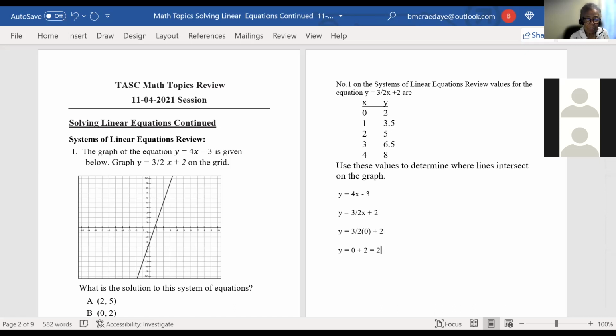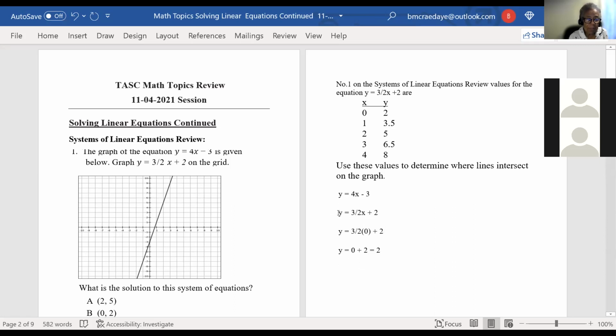You follow it? Yeah, I'm just substituting for the variable in this equation. The variable is x, because y is dependent on the value of x. X is the independent variable. Then I did the same thing for 1.